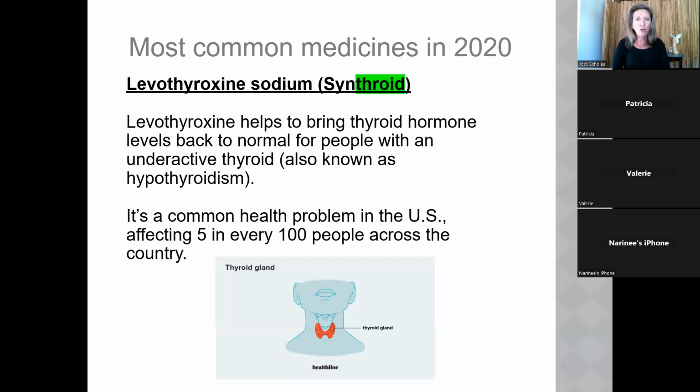That is what this medicine is treating, hypothyroidism. About 5 out of 100 people in the United States have issues with their thyroid. But you'll see here that the thyroid, again, is located in the neck. And we have seen this on the MBLEx. But see how the end of this thyroid treats the thyroid? So when you get a question on the MBLEx, it could be that you get this description. This is the drug that treats hypothyroidism in 5 out of 100 Americans, in people across the country.